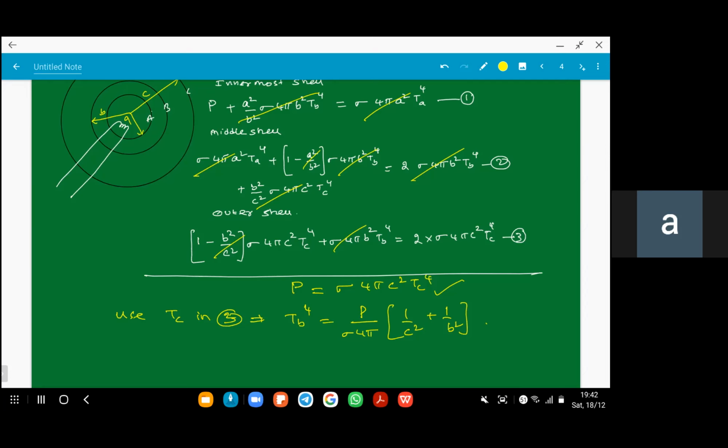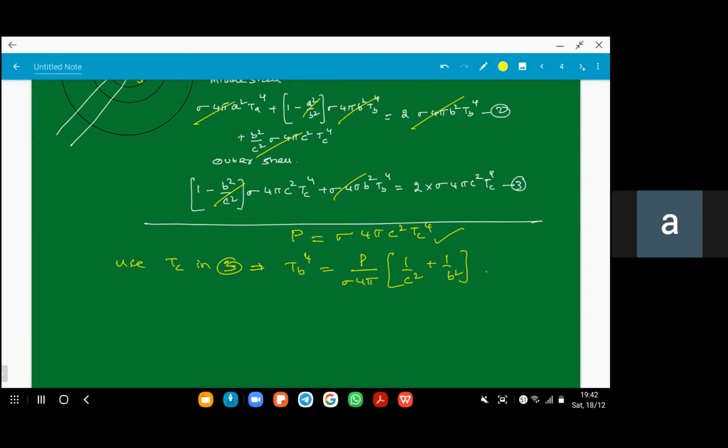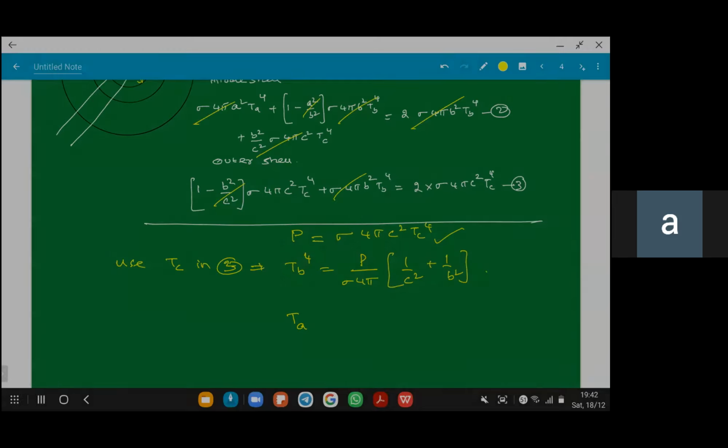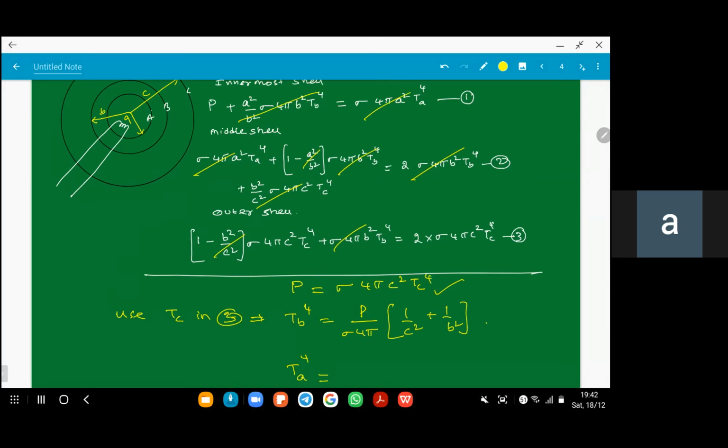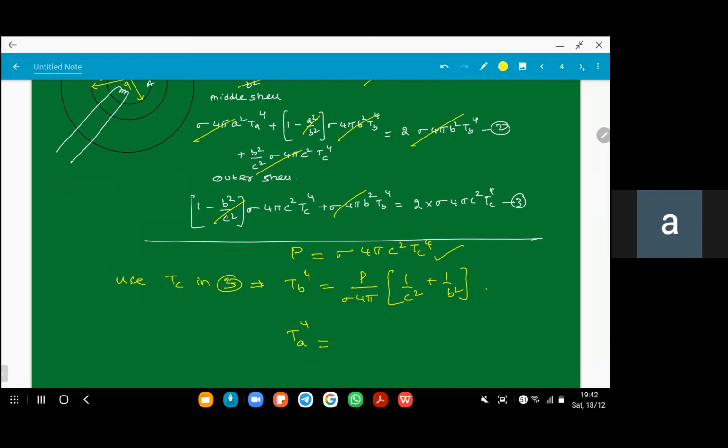Temperature of the innermost shell is what my focus is right now. Temperature of the innermost shell, TA power 4. Or here when you get TB, substitute that over here. You will get TA power 4.